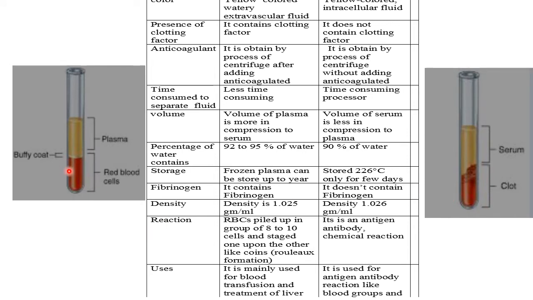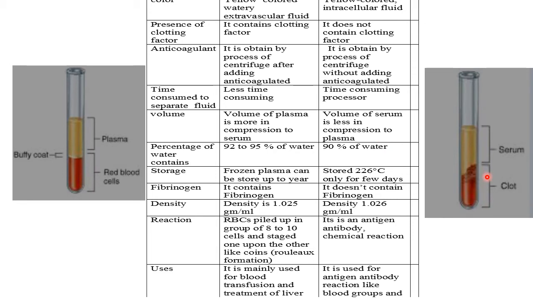Here there is suspension, Rouleaux formation, which is just piling of RBCs one above the other. So plasma is less time consuming, and serum obtaining is more time consuming after centrifuge. The volume here is a little bit more in comparison to the serum side.